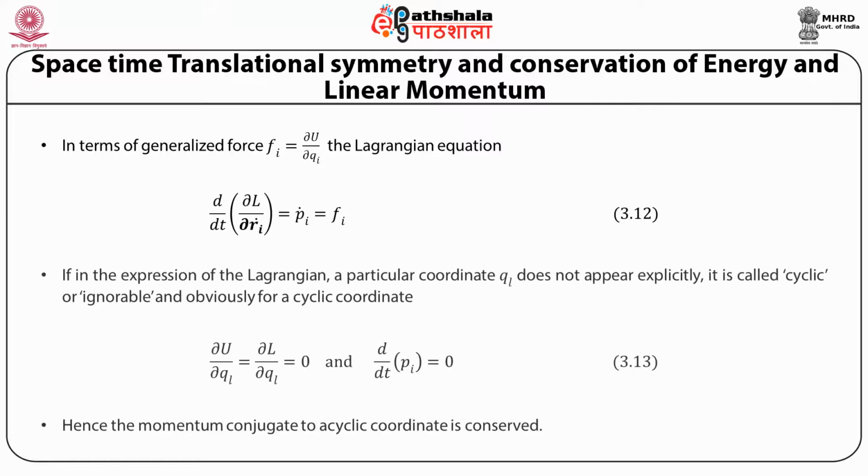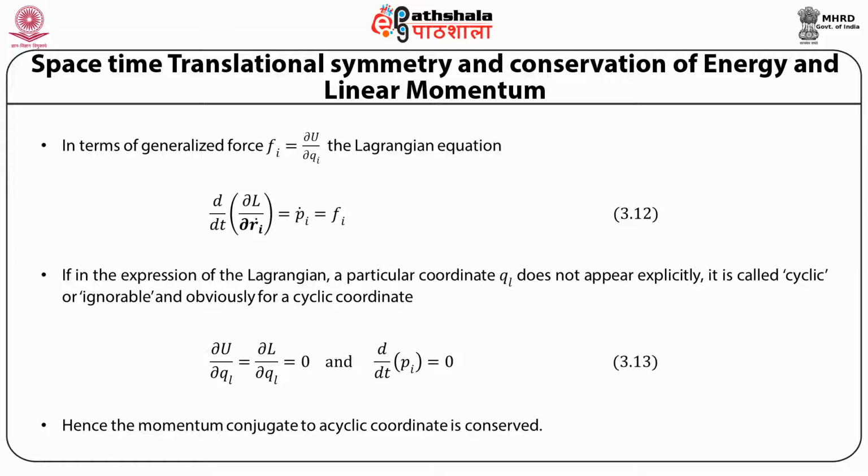Now, if in the expression of the Lagrangian, it so happens that a particular coordinate ql does not appear explicitly. So when you write down the expression for the Lagrangian, which is kinetic energy minus the potential energy, and if a particular coordinate in it does not appear explicitly, then this coordinate is called a cyclic coordinate or ignorable.